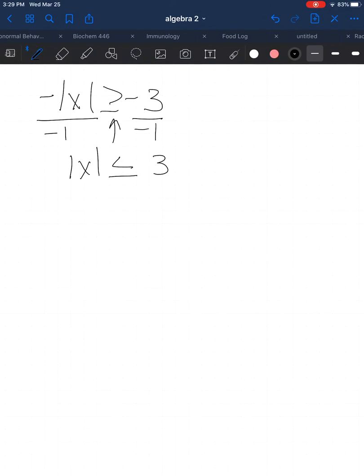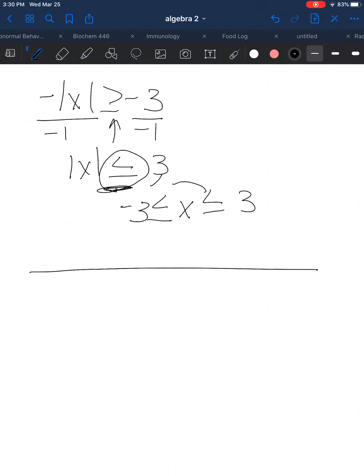Okay, so now if you look back at your notes, you'll see that when it's a less than, it's a conjunction. They're going to come together. So we can write it as x less than or equal to 3, copy this symbol in front, and change the number to a negative 3. Okay, that's because this symbol indicates a conjunction. So if I graph it, negative 3, negative 2, negative 1, 0, 1, 2, 3.